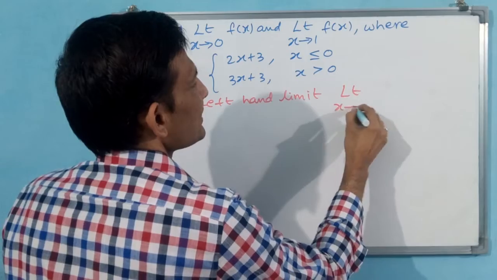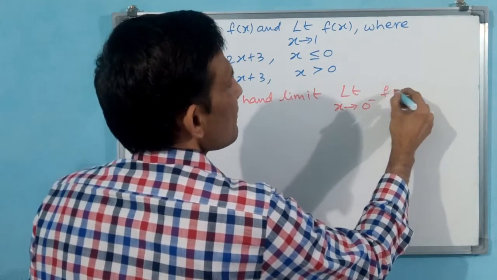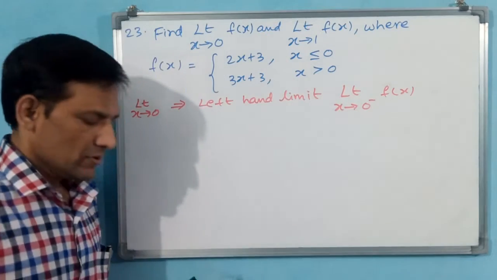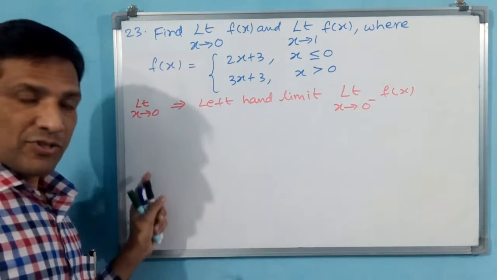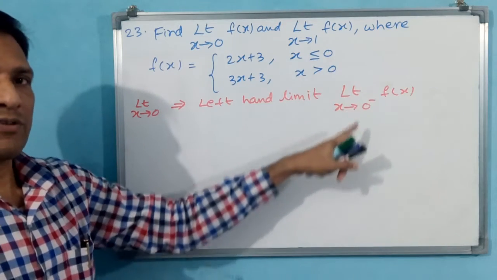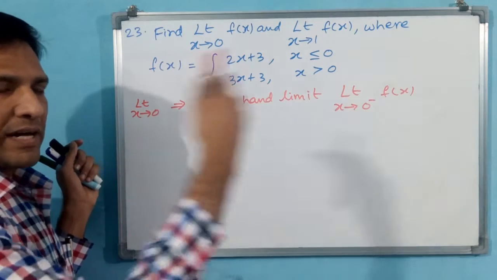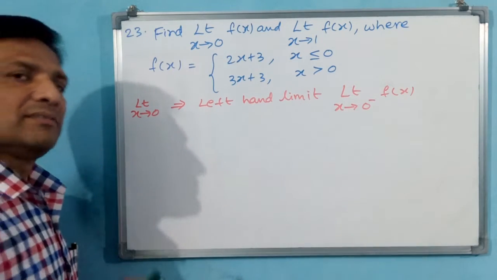Limit x tends to 0 minus f of x. You see, left hand limit is 0 minus, 1 minus, 2 minus: left side is minus, and right hand limit is 0 plus. Like that we will write.